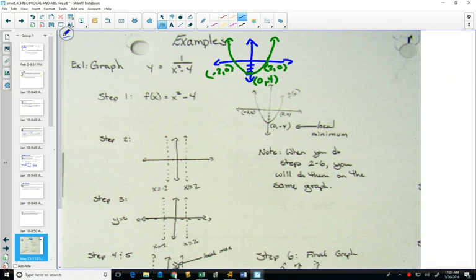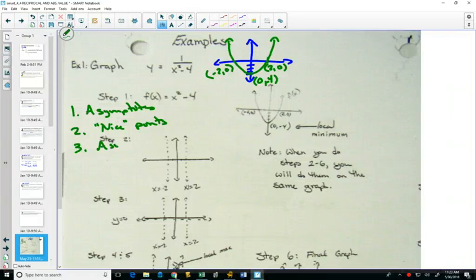Okay? And if I would like to summarize my steps really concisely, what we're going to do to graph this is we're going to do all of our asymptotes first, followed by our nice points, and then I'll write asymptotic behavior.